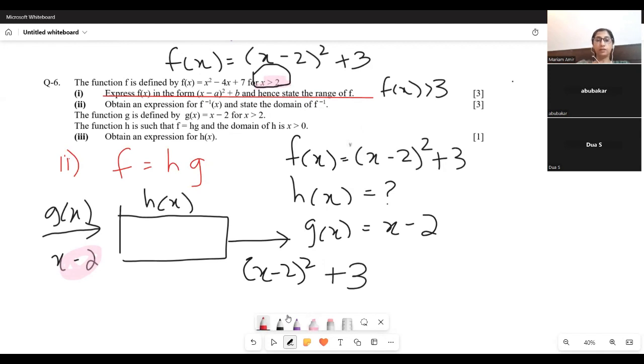Yes, exactly. It's going to be x square plus 3. x square plus 3 के x में जब ये फीड हो रहा है तो you're getting x minus 2 whole square plus 3. So hx is x square plus 3.